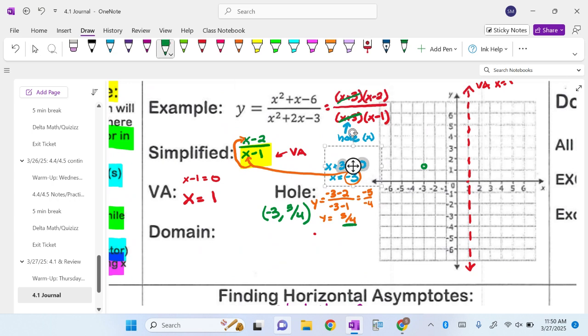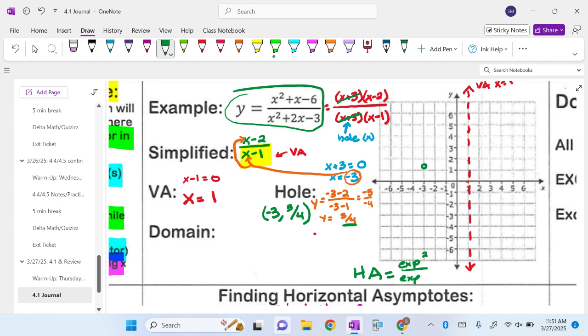What is the highest exponent of my numerator in the original function? So this one right here. 2. So my highest exponent in the numerator is 2. What is in the denominator?